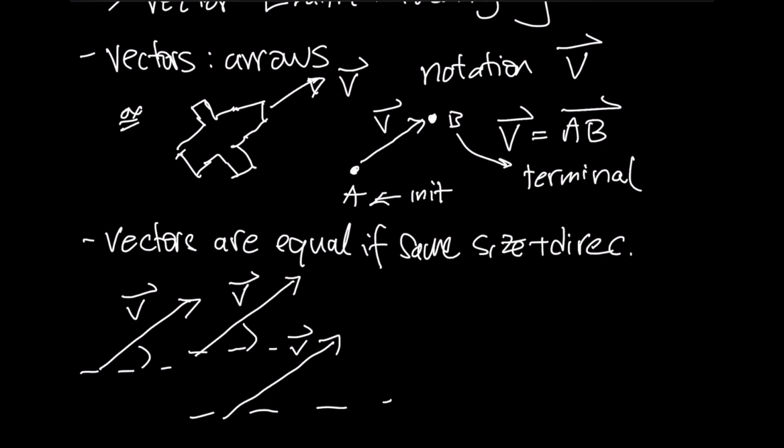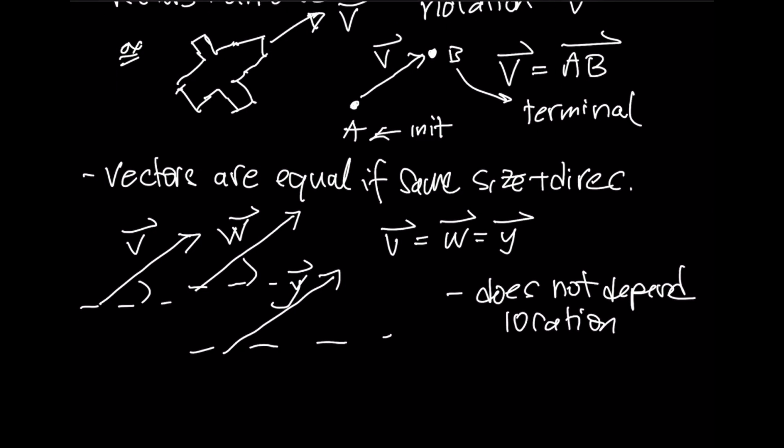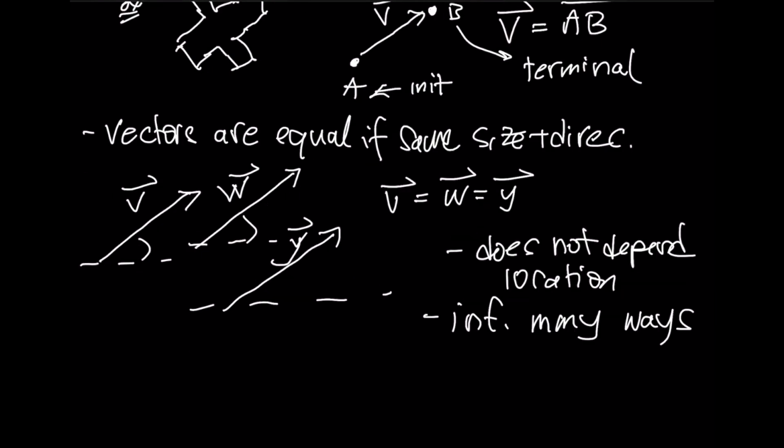So for example, I could call this one W and I could call this one Y. In all of these cases, it doesn't matter if the vector is in a different location in space, it's the same vector. So it does not depend on location. Now, a natural consequence of that is that there are infinitely many ways to represent a vector with an arrow.